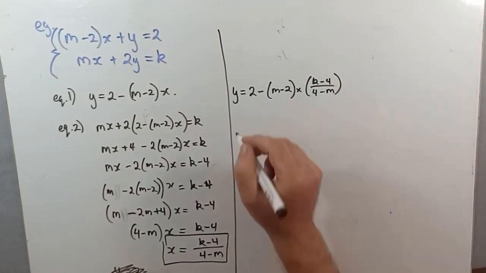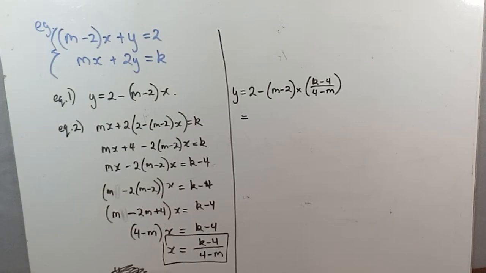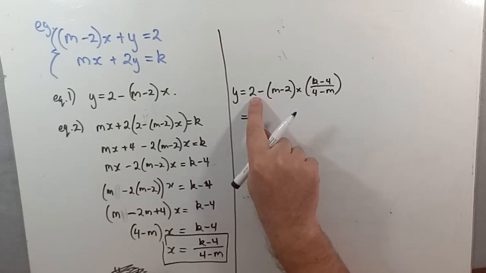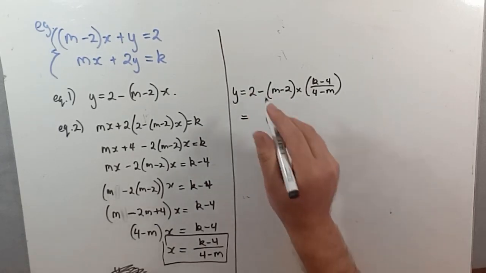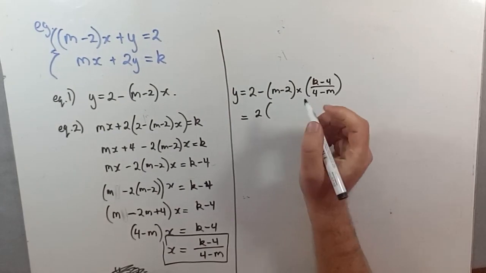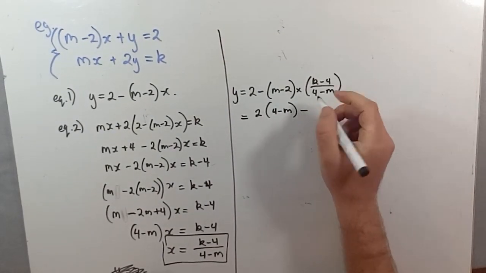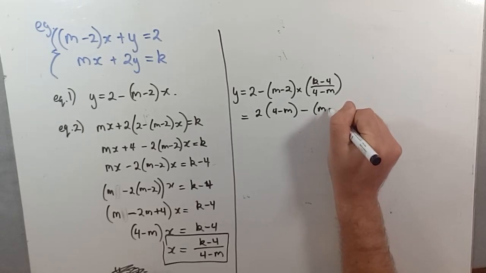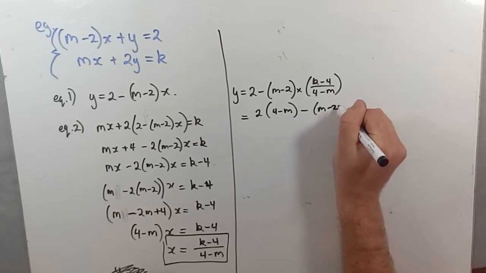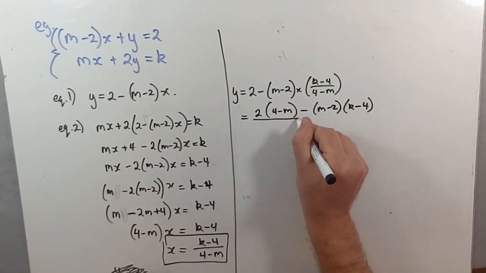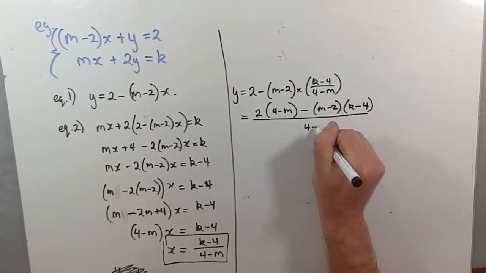Okay, so what do we do with that? Let's multiply this one by 4 minus m over 4 minus m. So we get 2 lots of 4 minus m, minus m minus 2 multiplied by k minus 4, all over 4 minus m.